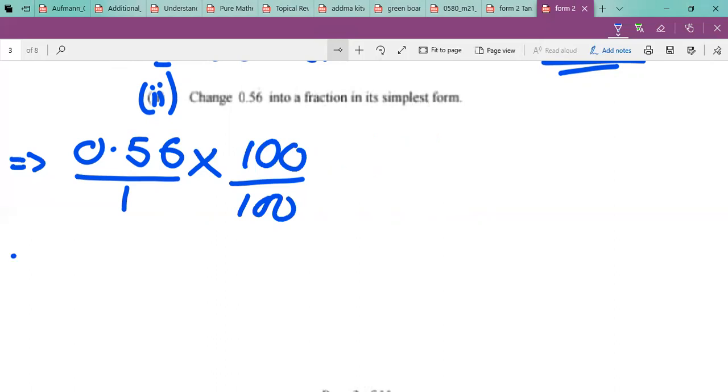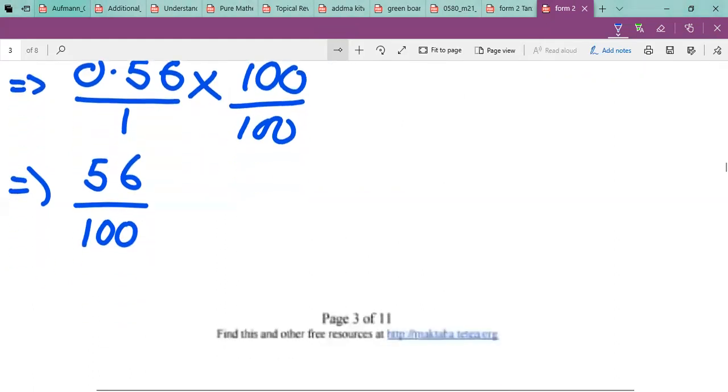So 0.56 by 100 gives 56, and 1 by 100 gives 100. You can find a number that can divide into 56 and 100 without leaving any remainder.